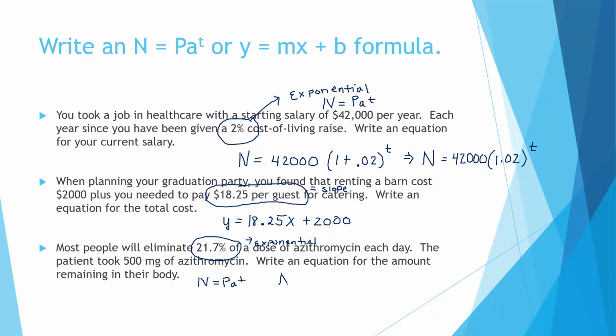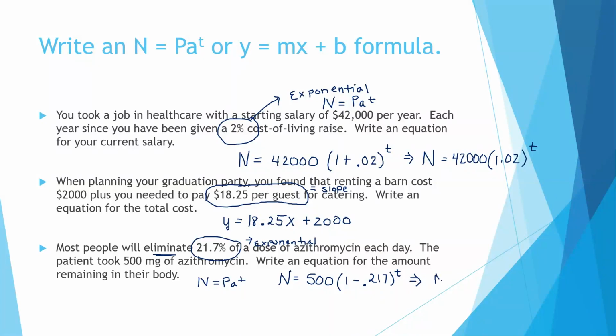So N equals, for P I put the starting 500 milligrams. It gave me a percent, so I'm going to use the idea of 1, in this case minus, and I'm using minus because of this word eliminate, and I have to change my percent to a decimal, so 0.217, to the t power. And then to get this in the correct answer format, I have to do the math in the parentheses.